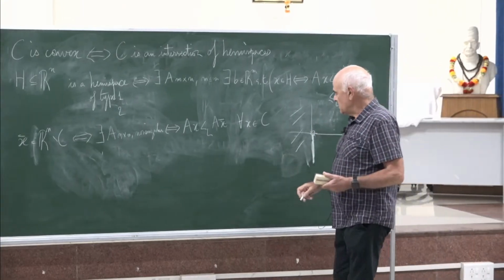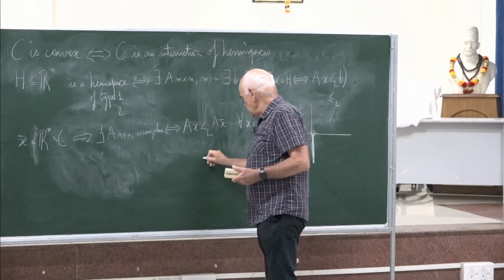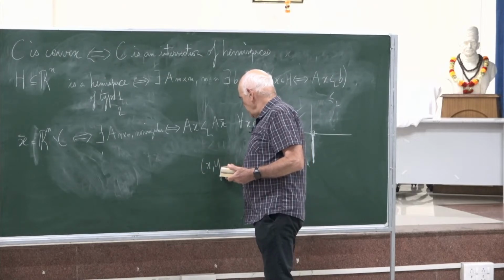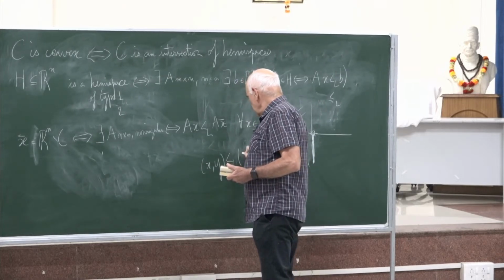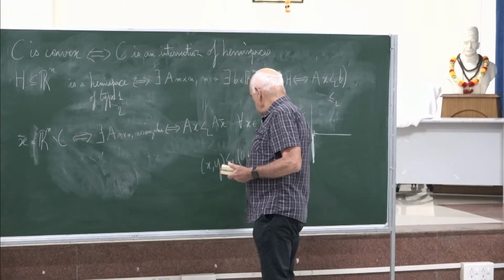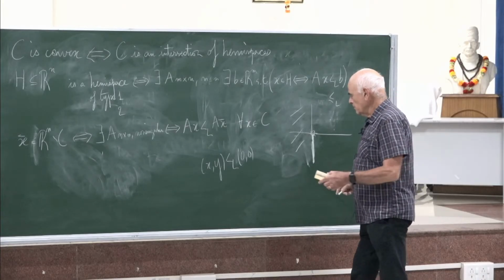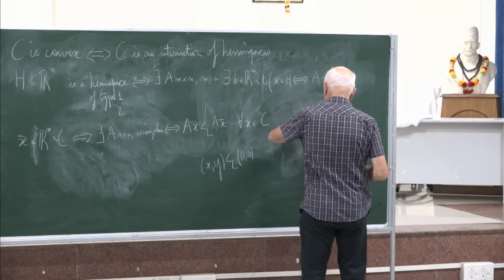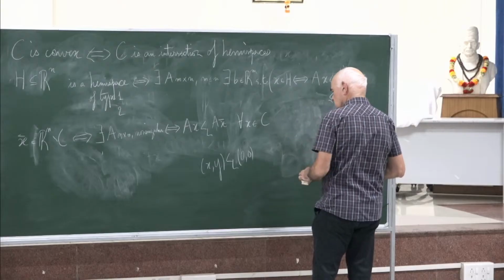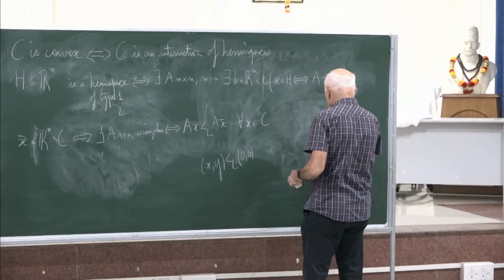So this is the set of points such that (x, y) is lexicographically less than 0.